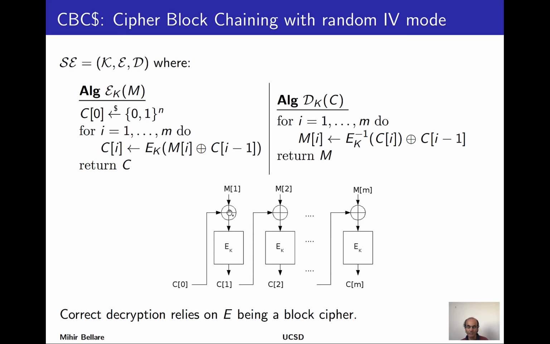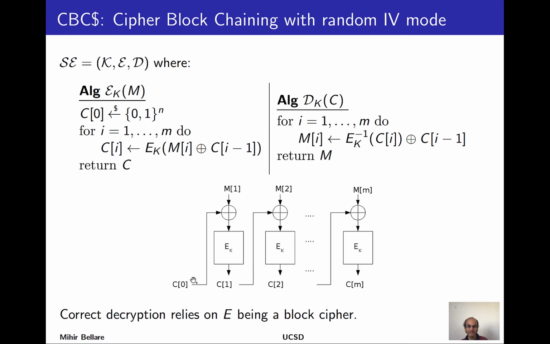It will be running each message through the block cipher with our fixed key k just as before. The difference is that something is added to the message before that happens. Some C0 is added in here, and then whatever ciphertext is obtained here is cascaded back in over here, and you encrypt only after that.